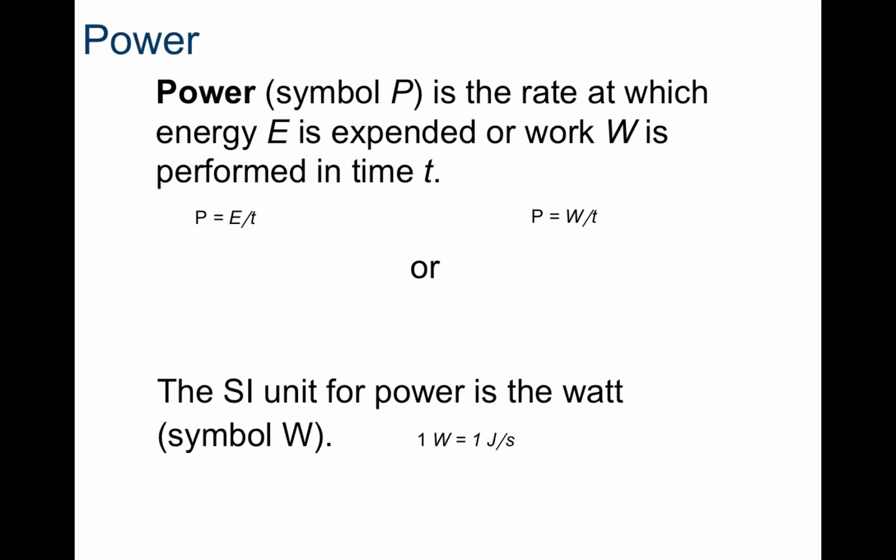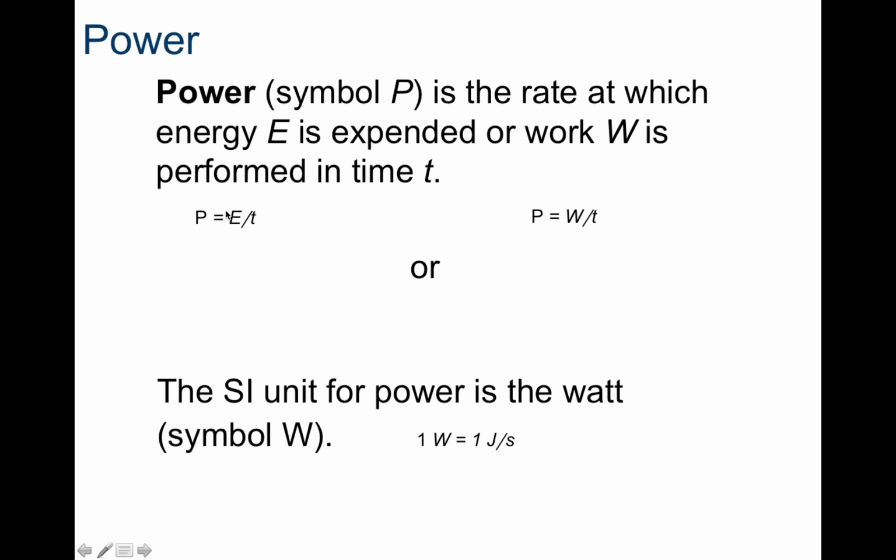Power. What is power? This comes back to the first slide. Power is a rate, and it's the rate at which energy is expended over time. So it's energy, which is work, measured in joules, divided by the time it took to expend that energy.